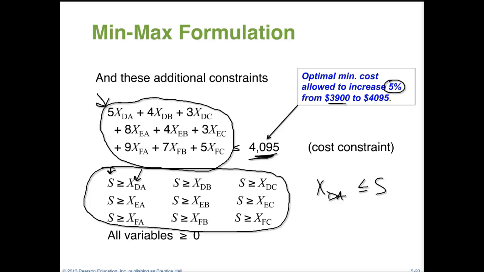And so this is the maximizing part. Okay? So here, we're saying the amount of product that goes from Des Moines to Albuquerque has to be less than or equal to this particular amount that we're trying to figure out. Okay? So all the demand that we have, or all the number of units that are going to be shipped, are either going to be this number or less. So that's what we're trying to do, balance that.